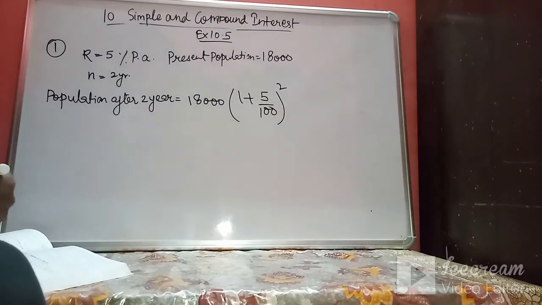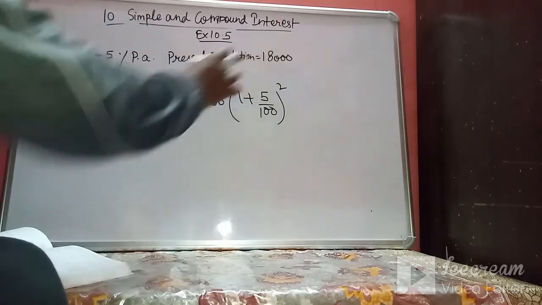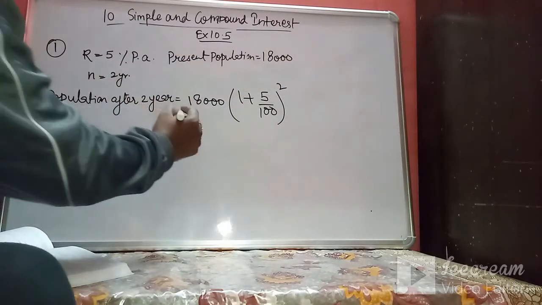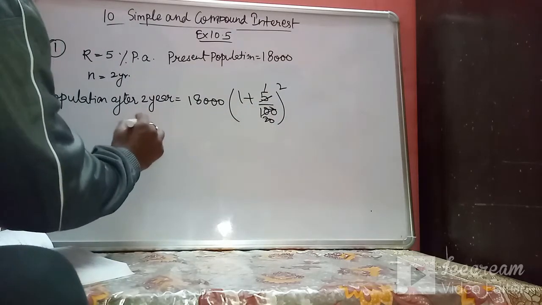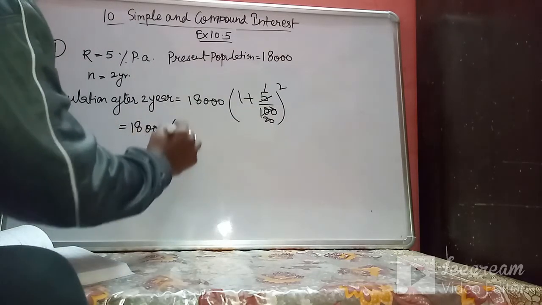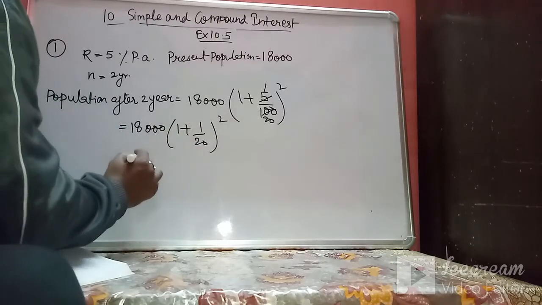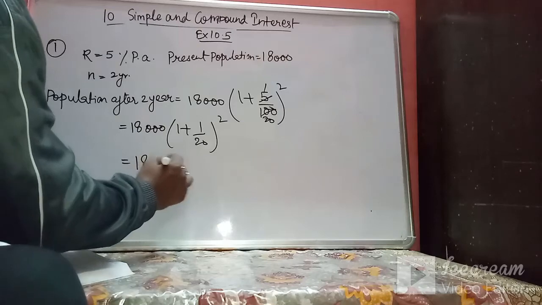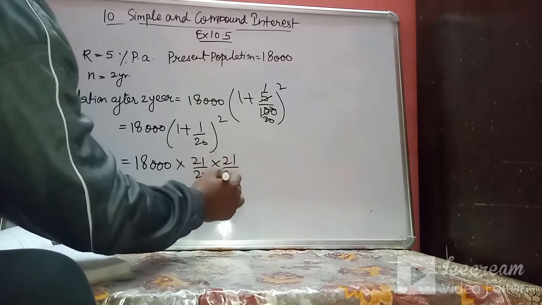We have used the formula for amount when the interest is compounded annually. So this 18,000 will act as our principal in that formula. When we solve it, we get 18,000 into 1 plus 1 upon 20 whole square, that is 18,000 into 21 upon 20 into 21 upon 20.